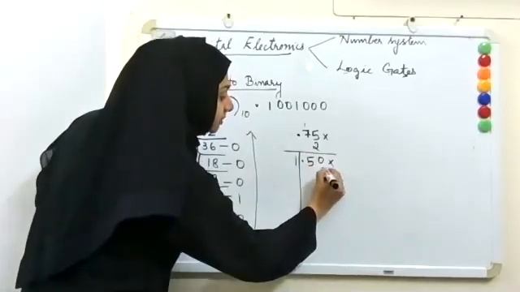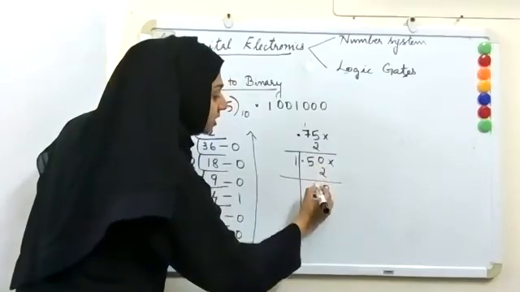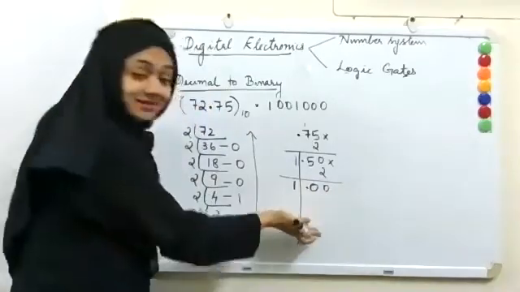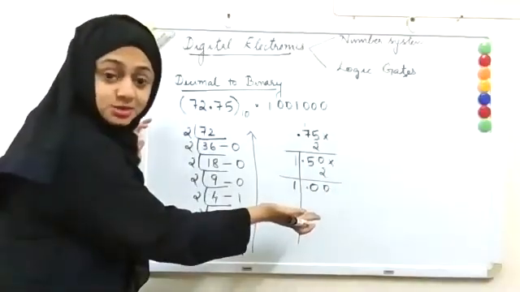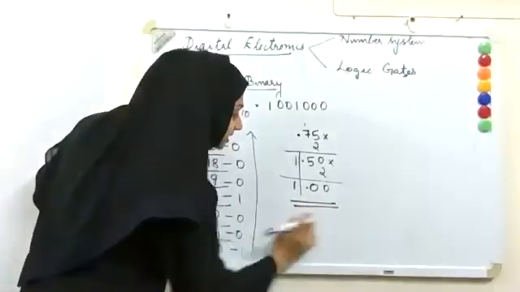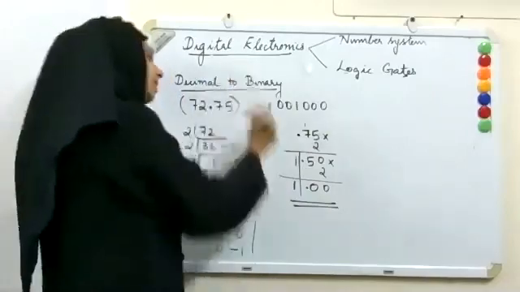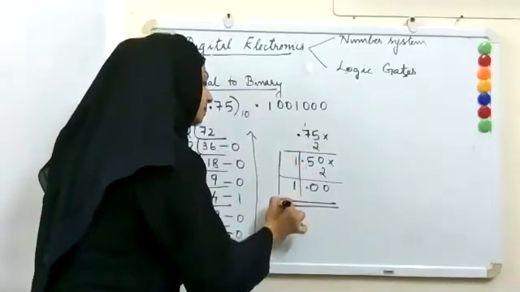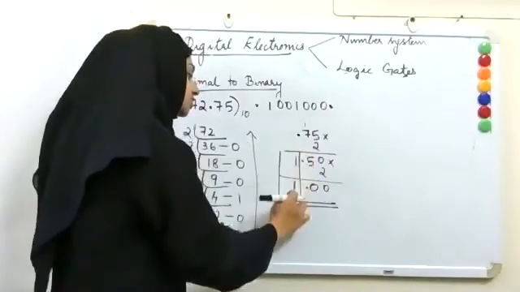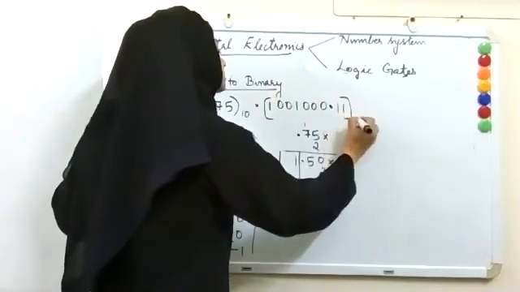Again multiply it with 2. 2 times 5 is 10, so 1. Done, finished. Here we went from down to up for the whole part; here we have to come from up to down. So the fractional part is .11 to the base 2.